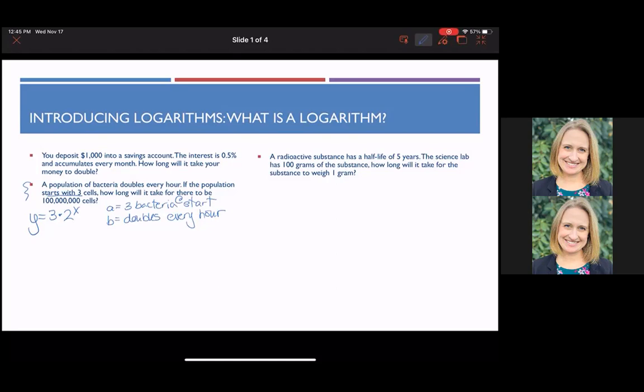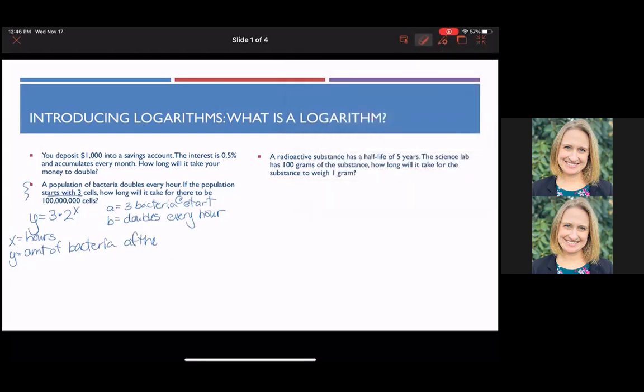What we also want to know is that X is our time in hours, and Y is our amount of bacteria after that amount of time.